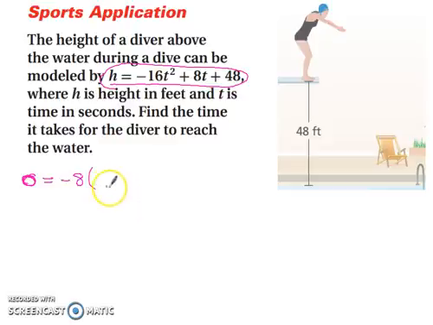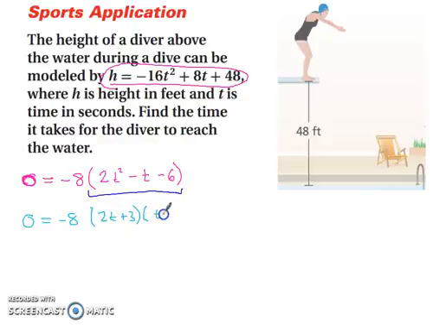And when we factor that out, we're left with 2t squared minus t minus 6. And then we can simply factor this trinomial. When you factor the trinomial, you're going to end up with 0 equals negative 8, and then times the quantity 2t plus 3, and t minus 2.